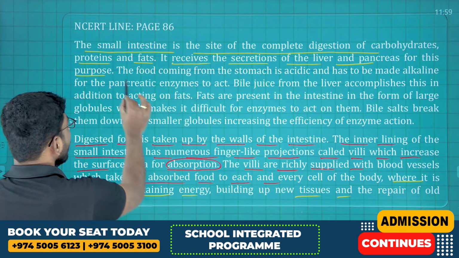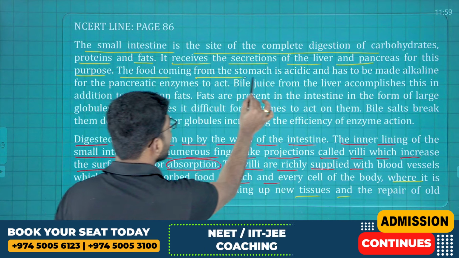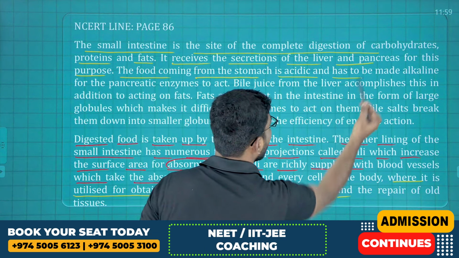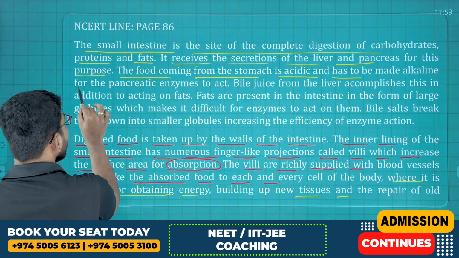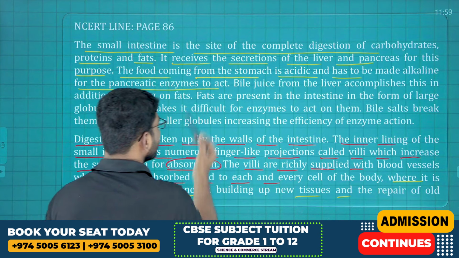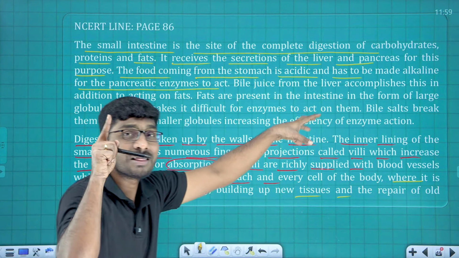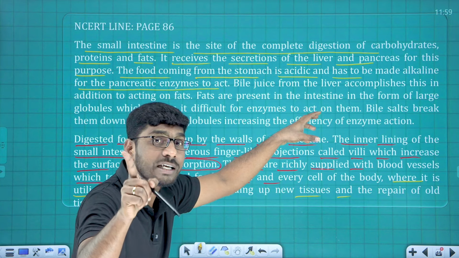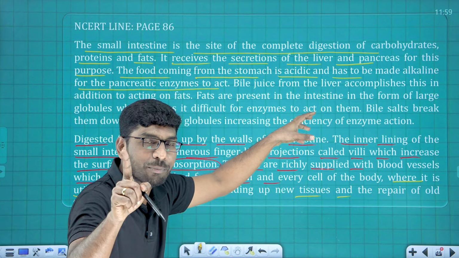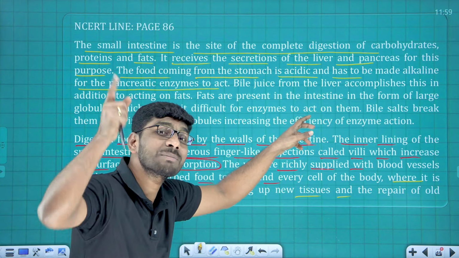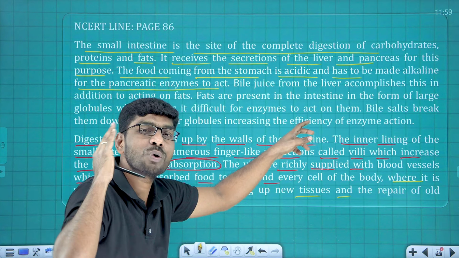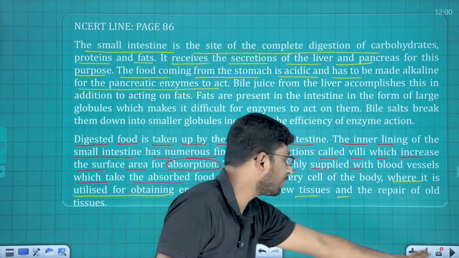The food coming from the stomach is acidic and has to be made alkaline for the pancreatic enzymes to act. Students, remember, in the small intestine the villi do not reabsorb water. Where does reabsorption of water take place? Large intestine. So what is the incorrect statement of the previous question?